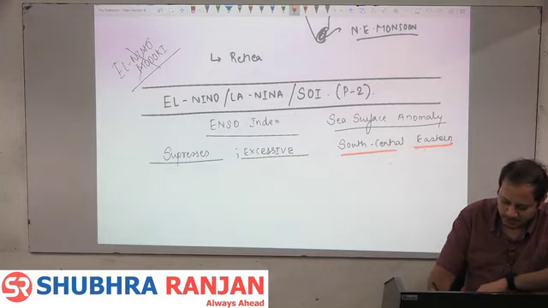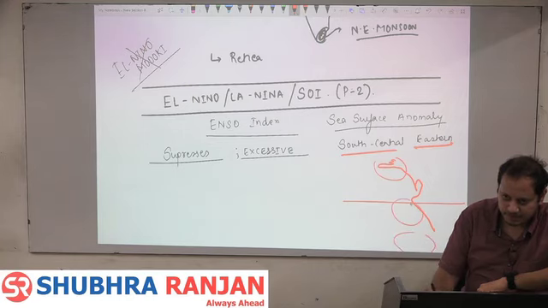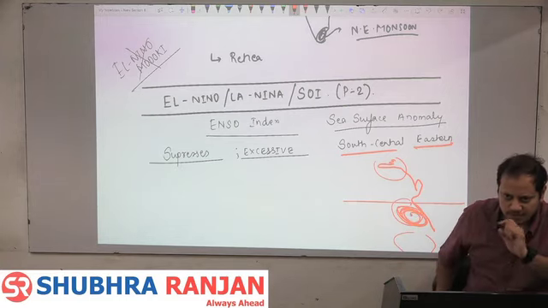Understanding why I am using the word central? Northern Pacific, Southern Pacific, Central Pacific. Because it is in the southern hemisphere, South Central. And because it is on the eastern coast, so Eastern Pacific. South Central Eastern Pacific.